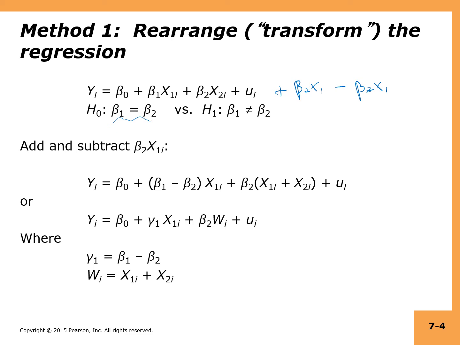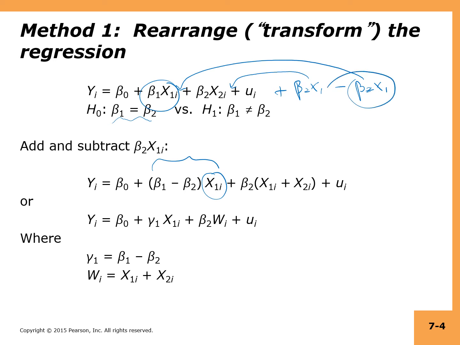You can rearrange this by moving this over here and moving this over here. Now you can pull out x1 from these two and then pull out beta 2 from these two. So it becomes this equation.